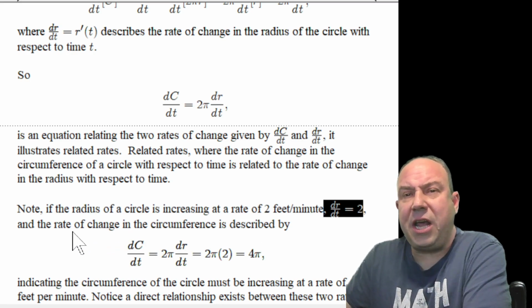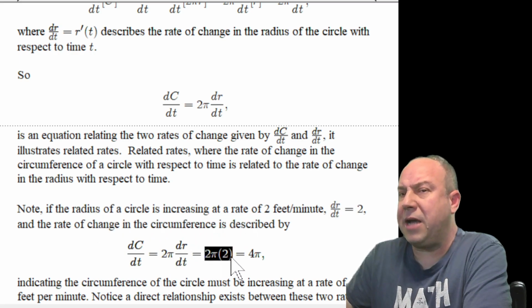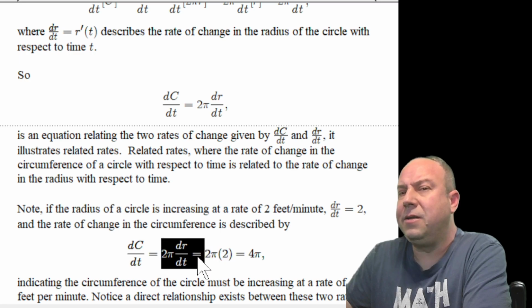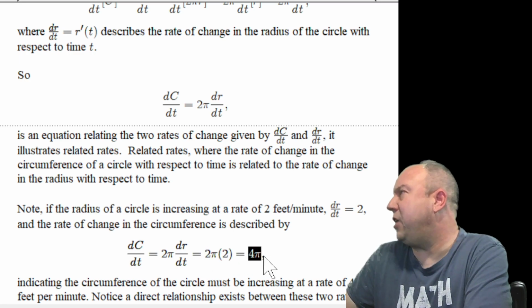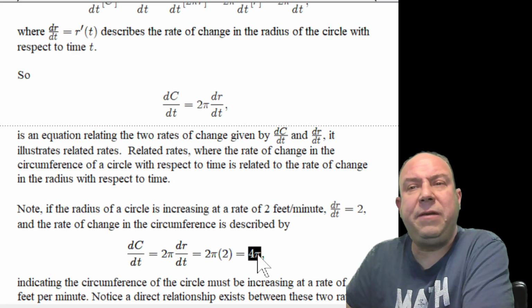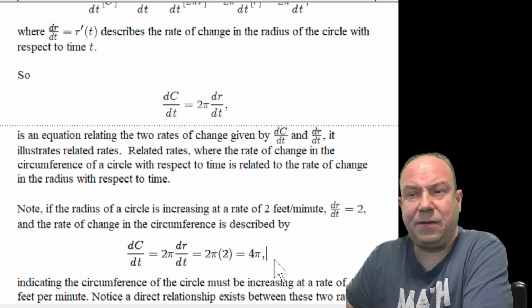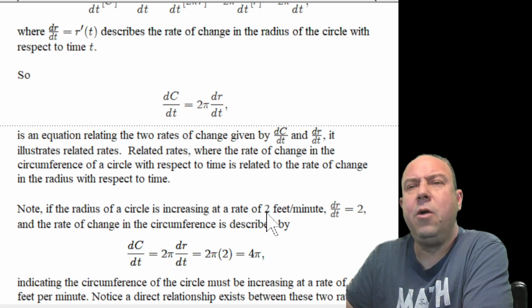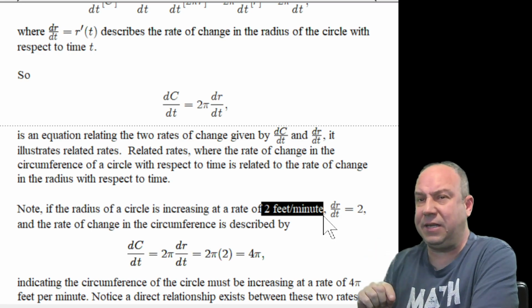The rate of change in the circumference would then be 2 pi times the value of dr dt, which is 2. So the rate of change in the circumference of our circle with respect to time t would be 4 pi feet per minute when our radius is increasing at 2 feet per minute.